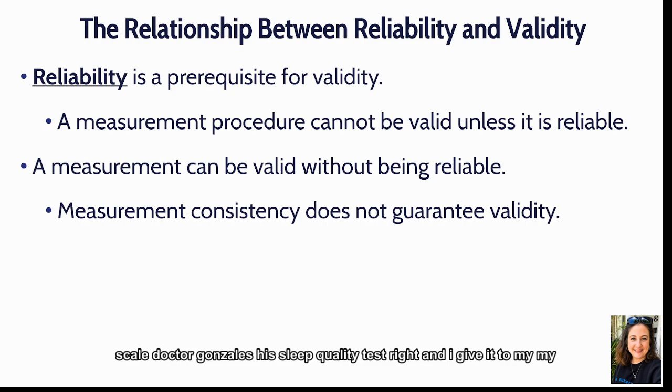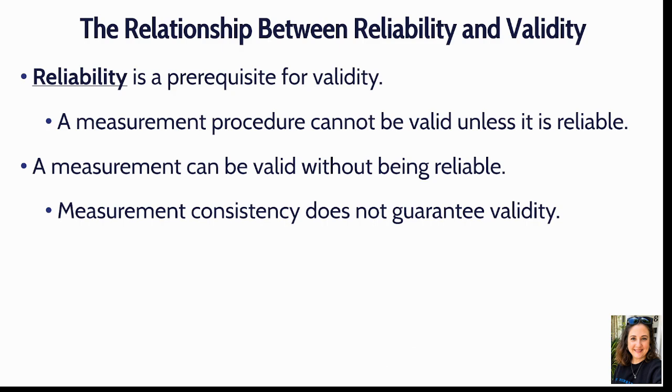And I give it to my participants, and I claim that it's valid, I can't turn around and give it again, and then come up with a totally different set of results that completely shows it's not reliable. So reliability has to exist in order for validity to be true.